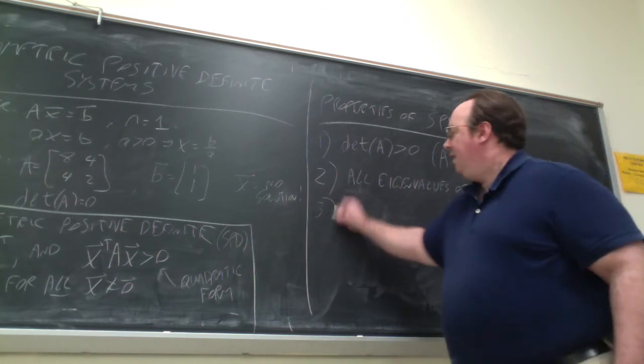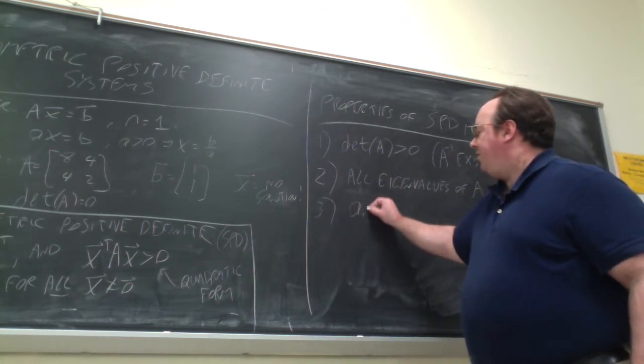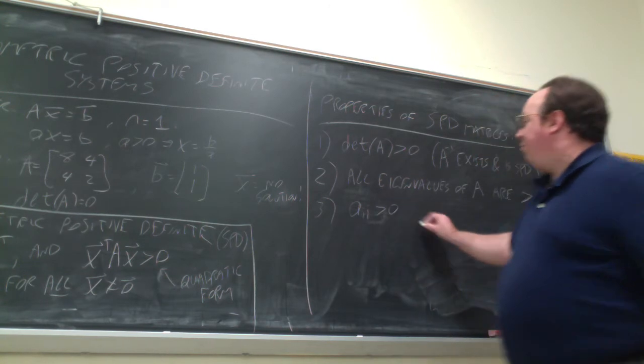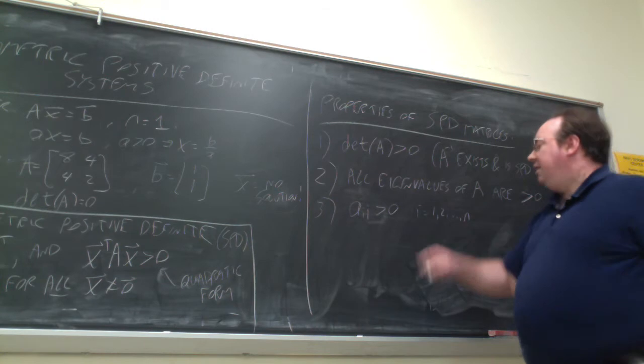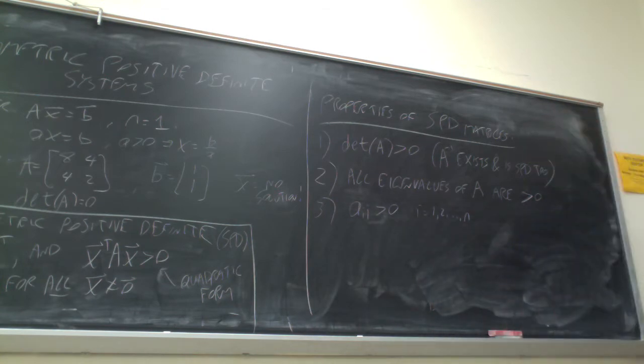Okay. All of the diagonal entries are positive. Now, you are allowed to have negative off-diagonal entries. There's no problem with that. It's just that the diagonal ones must be positive.